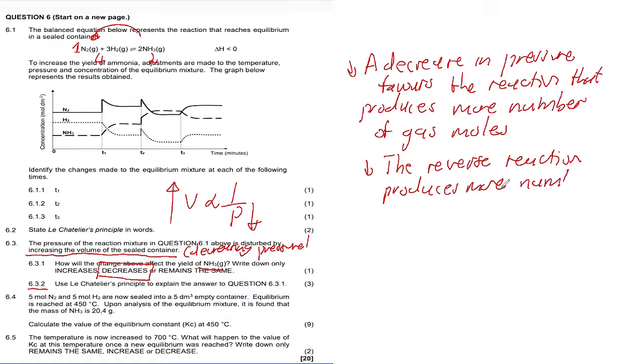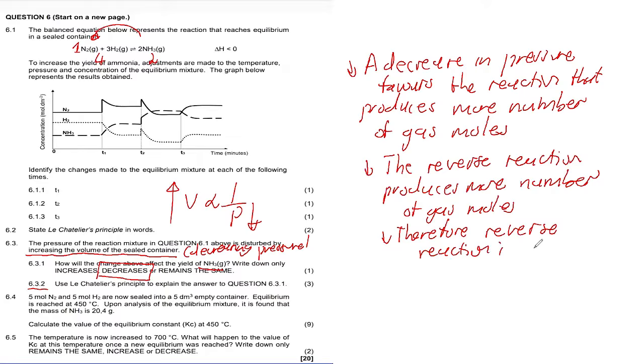Therefore, the reverse reaction is favored. And then if the reverse reaction is favored, the yield of NH3 decreases.